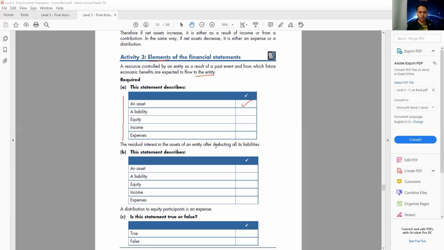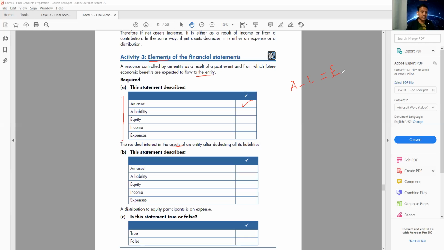So if you have a total asset, from the asset, if I minus all the liability, what is left? You remember your accounting equation? So asset minus liability, what is the leftover? We call it equity, isn't it? We call it equity.